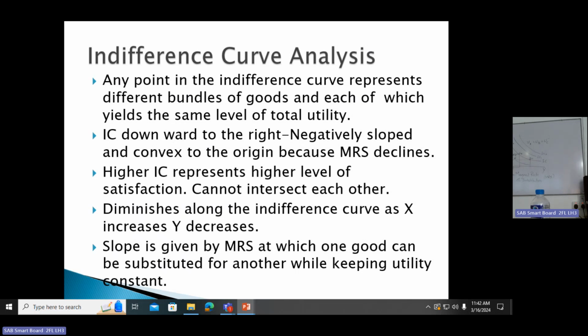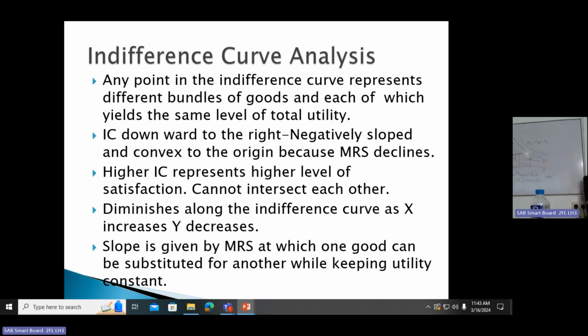This cannot happen because UB is on a higher level of indifference curve than UC. UB is greater than UC, because UC lies on the lower level of indifference curve, under IC1.